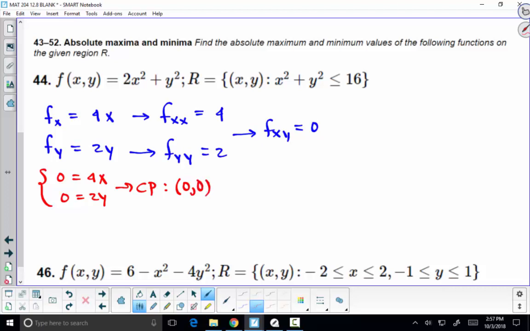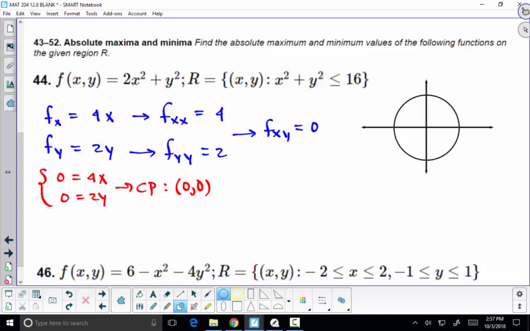And when I say only, I mean the only critical point interior to the domain. Let's draw a picture of the domain to make sure that we're visualizing our potential critical points. So we're on a disk of radius 4, on the inside, so the boundary is included here.